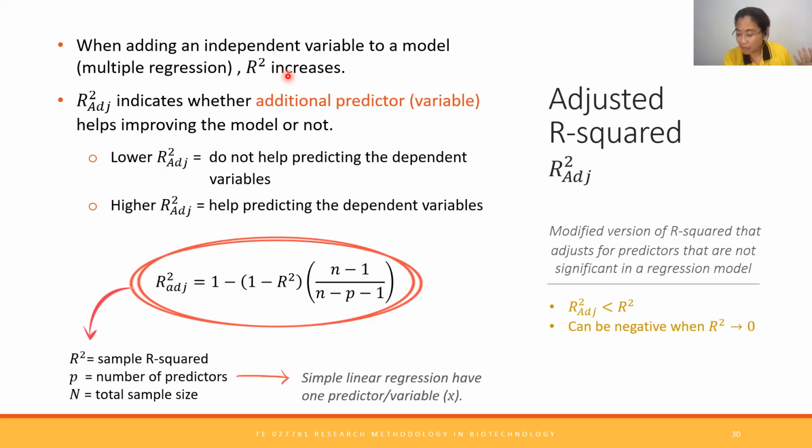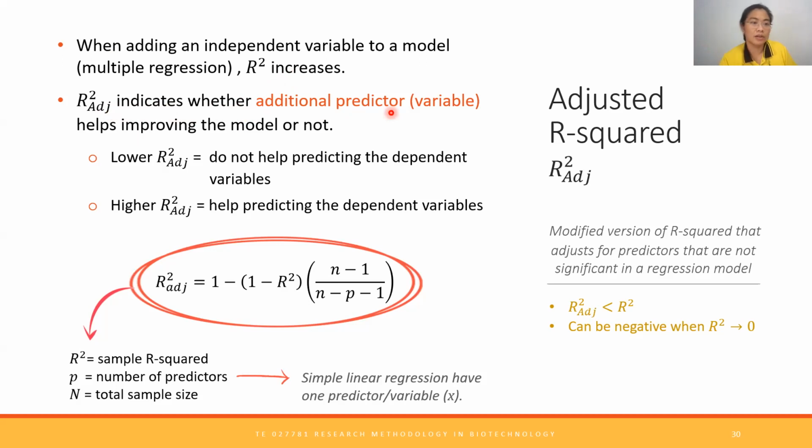But sometimes the predictor that you put into the equation is not significant to your experiment. So the adjusted R-square will indicate whether the predictors or variables that you put into the equation help improve the model.